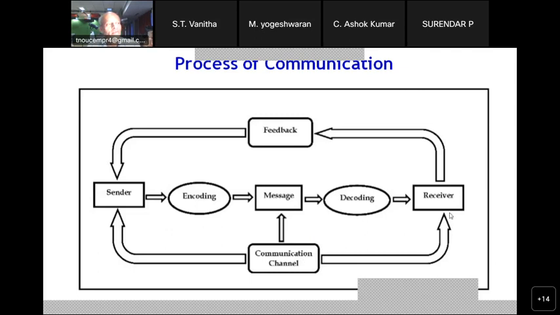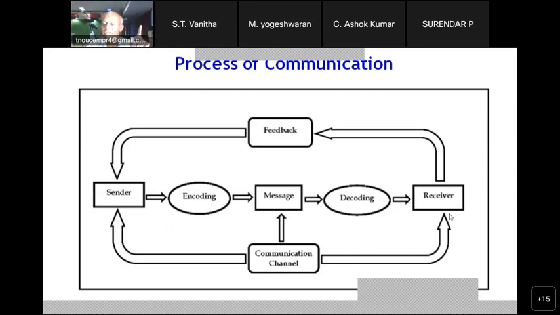See, for example, if you are using the radio or television, that means the voice is converted into an electrical signal, and it is sent in the form of a radio or TV wave, and that also from the broadcasting tower.